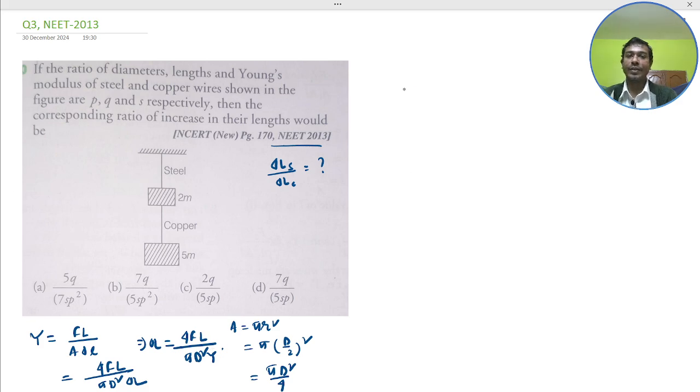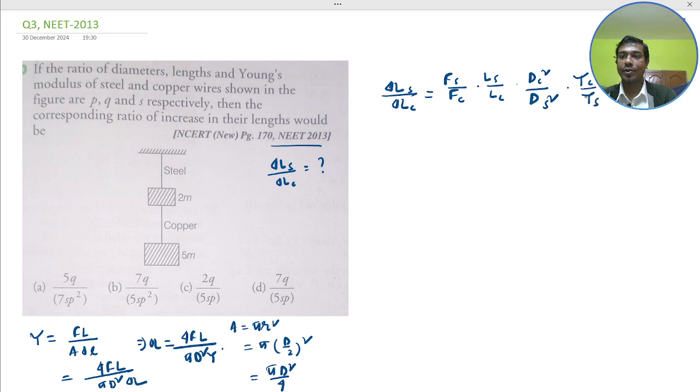So now the ratio of delta L steel divided by delta L copper involves F steel by F copper, L steel by L copper, and D copper squared, which is inversely, and here the Young's modulus of copper over the Young's modulus of steel, which is inverse with these relations.